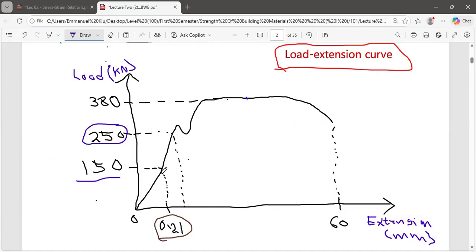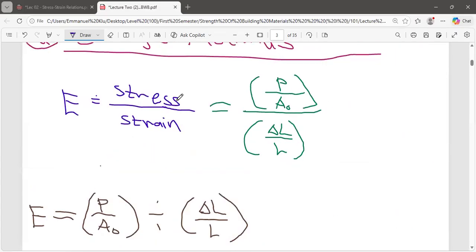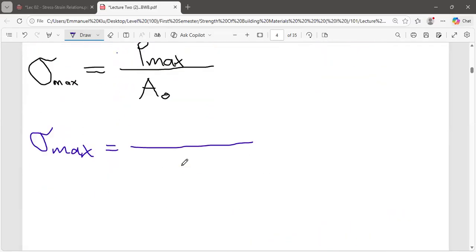We said that in the elastic limit, even when the load is removed, the material resumes its initial position. Exactly. So our maximum load is 380 kilonewton, as you are seeing over here. That was the maximum load, because this is a load extension curve. Don't forget to add kilonewton.